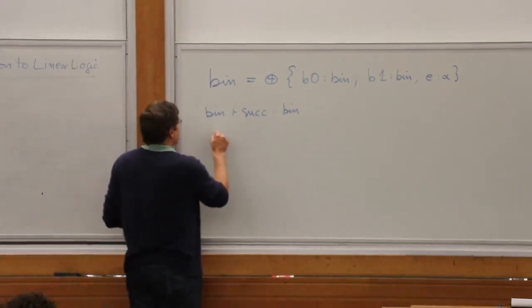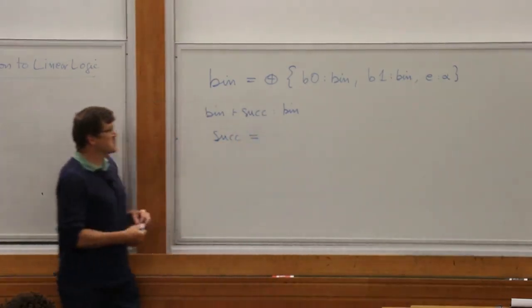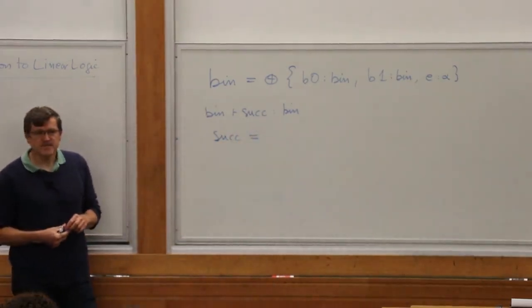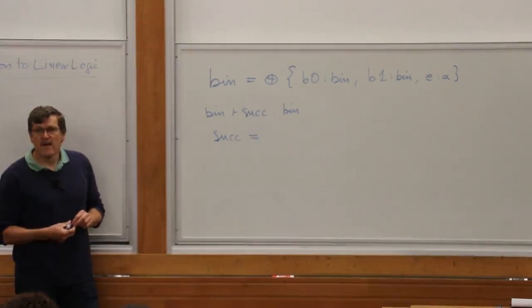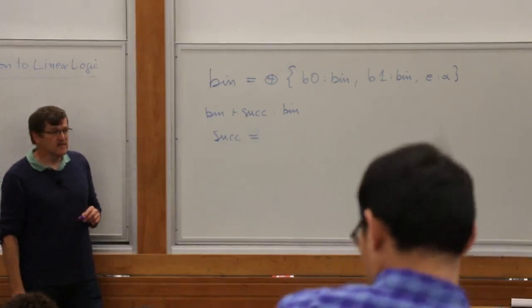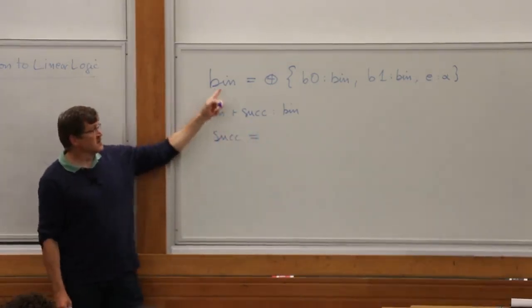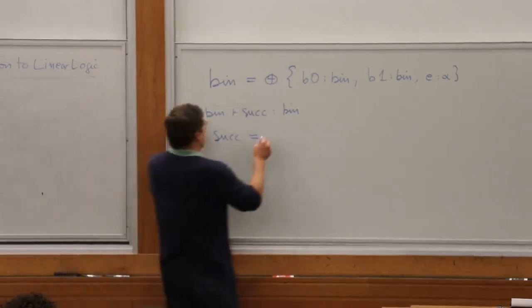Let's just go ahead and do this. So successor equals. Okay, so what does this program actually have to do? It has to read, yeah. So do we read from the left or from the right? Left, because this is an internal choice, right? And so it's going to send us a bit.